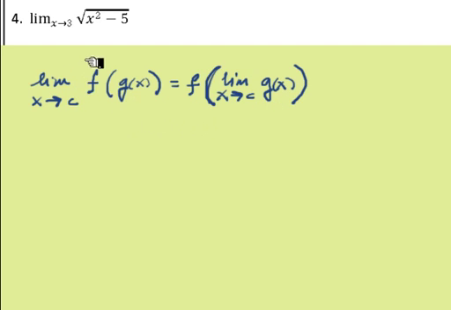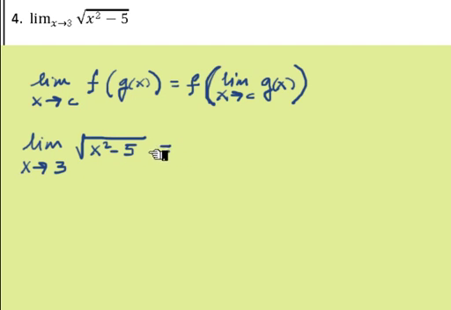We're going to bring the limit on the inside, so we're going to take the square root of the limit of x squared minus 5. So in other words, applying this theorem to our function, we say that the limit as x goes to 3 of the square root of x squared minus 5.